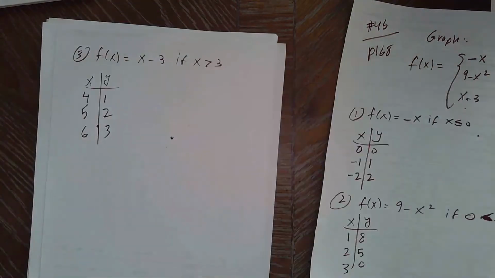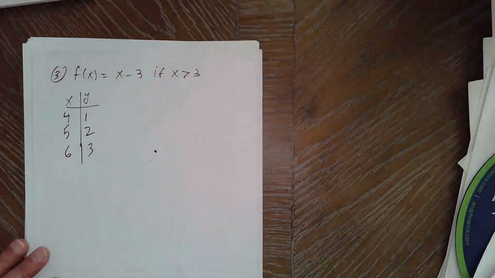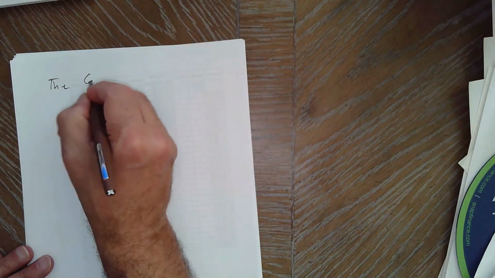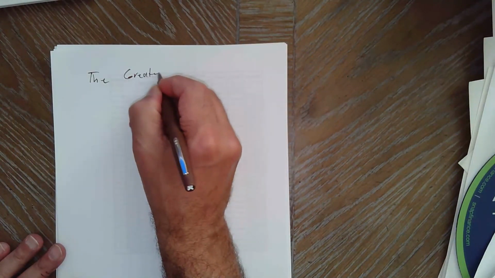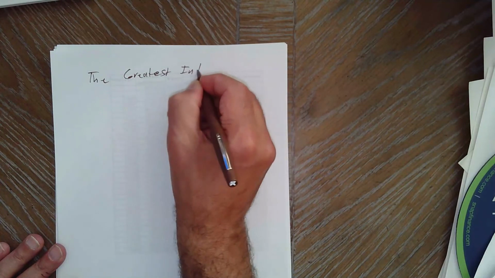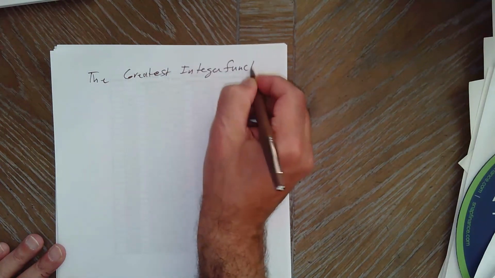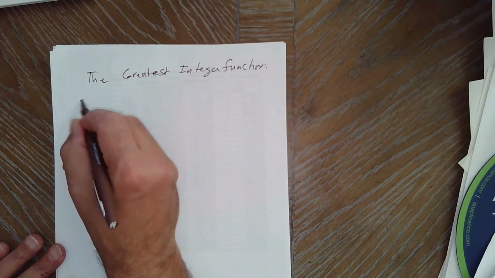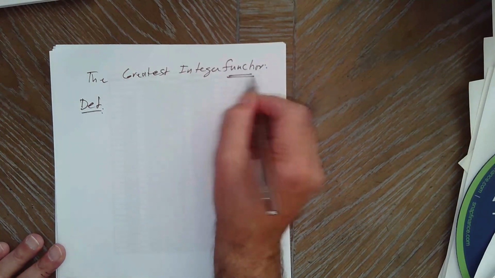One more thing from this section before we call it off is the greatest integer function. Okay, first let's define the greatest integer in x, then we'll talk about the function.